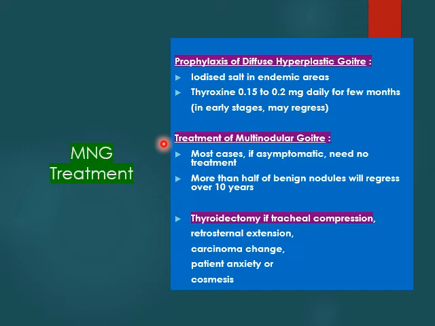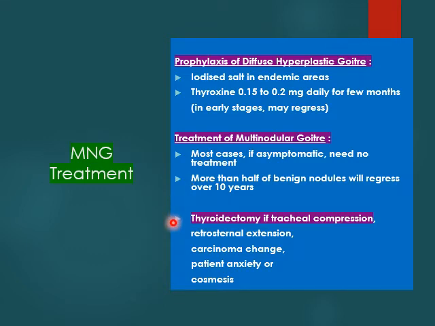In general, the treatment of multinodular goiter, if asymptomatic, needs no treatment unless for cosmetic reasons. More than half of benign nodules will regress over 10 years, long term.